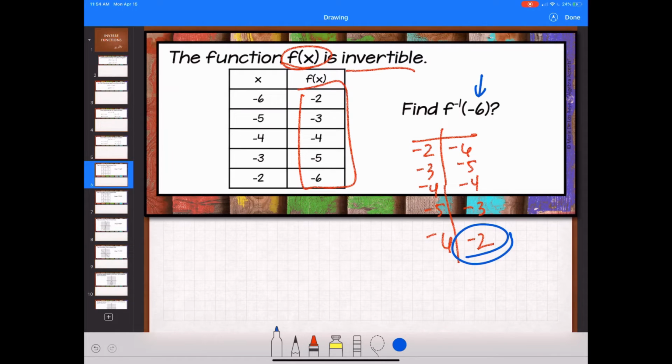What you could have also done is looked at the original table here, and if we are switching x and y, instead of focusing on the x value that is typically on the inside, I'm going to focus on the y value. So this is the y.